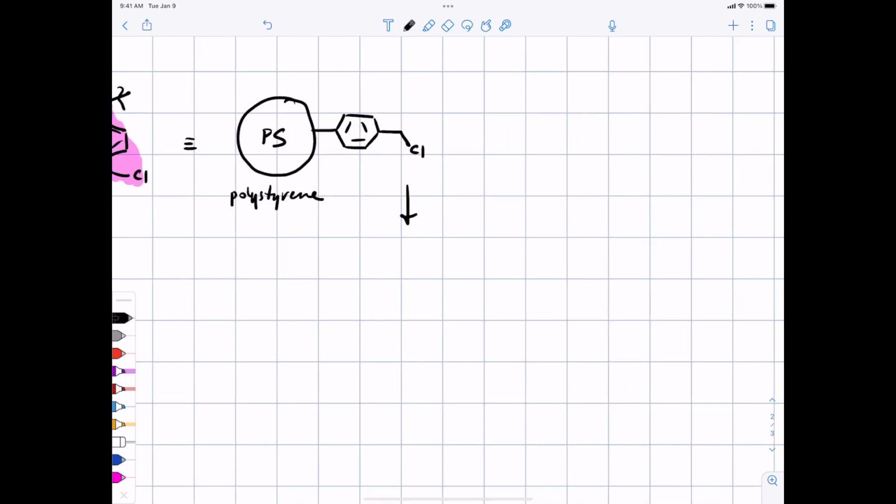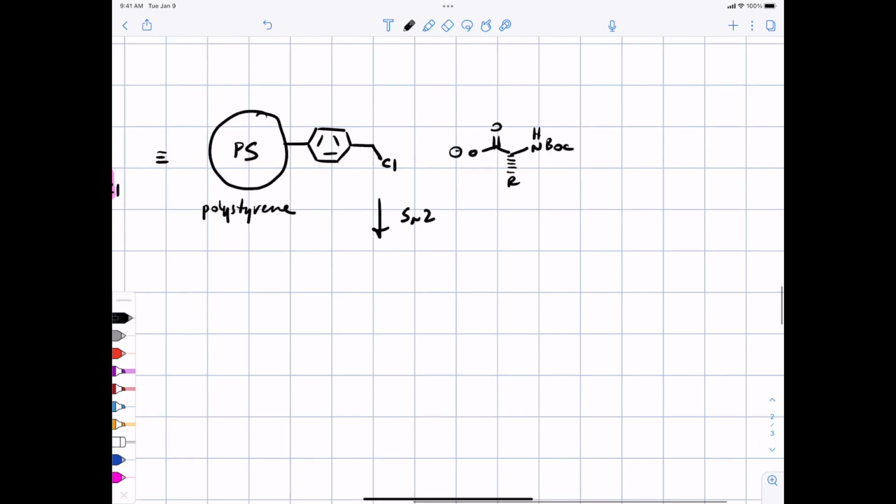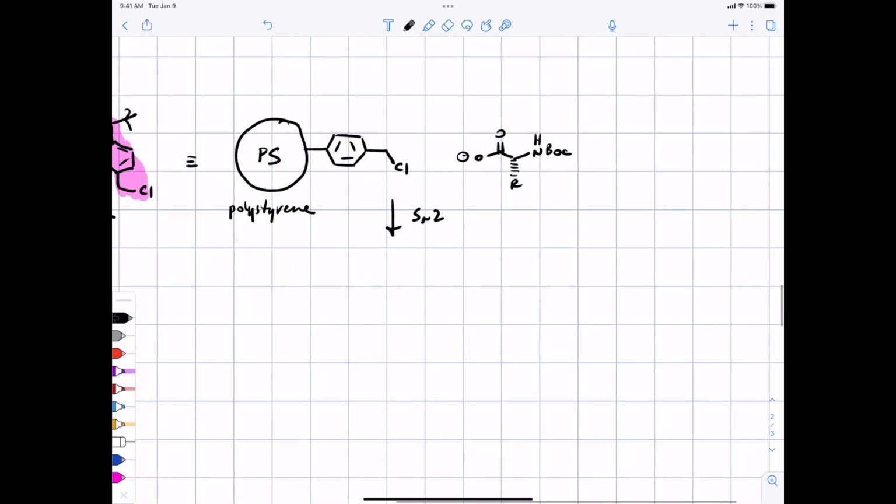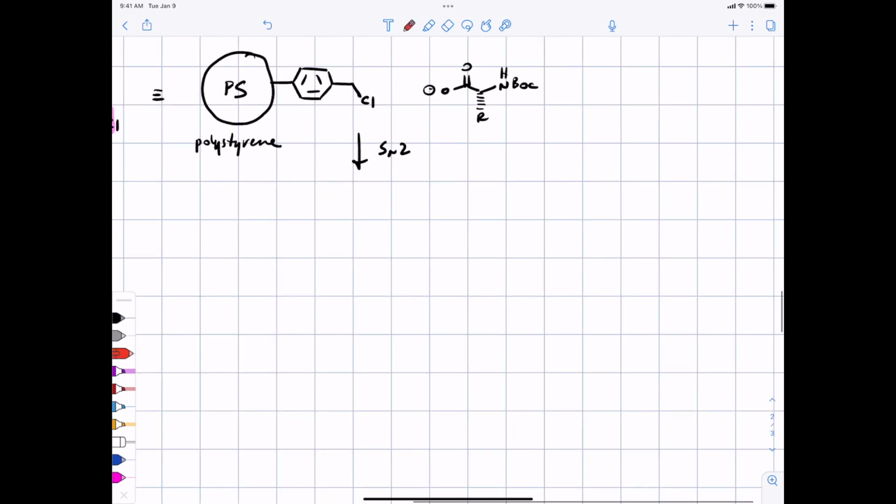So then, Merrifield said, let's do an SN2 reaction to put an amino acid, a Boc-protected amino acid, on the polystyrene bead. All right, that ought to be pretty straightforward. Nucleophile attacks, leaving group leaves.